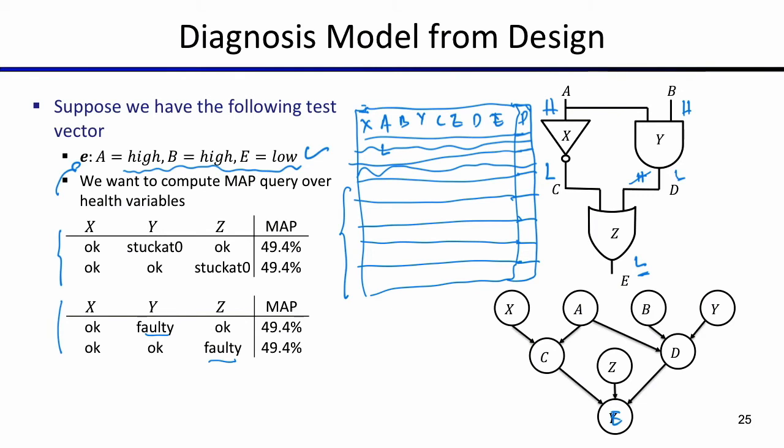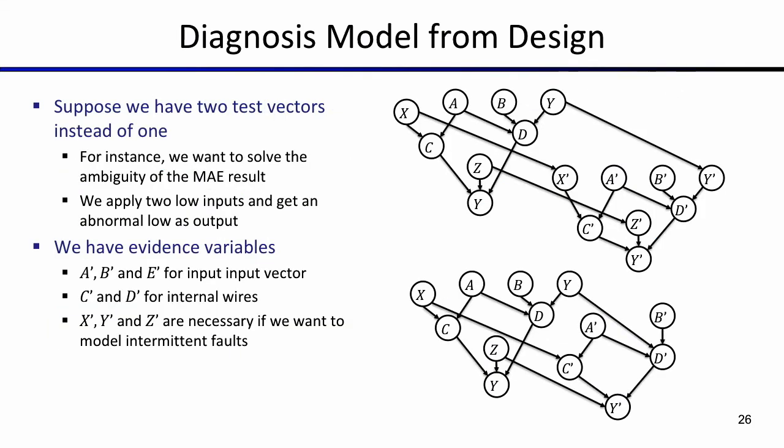So it's interesting to analyze what would happen if we have a second test case. We're going to have a second pair of input and output, which we call a new input vector. So we have to grow our network in order to accommodate these new variables.